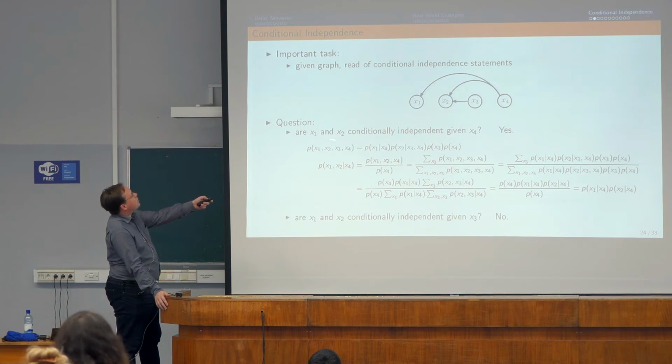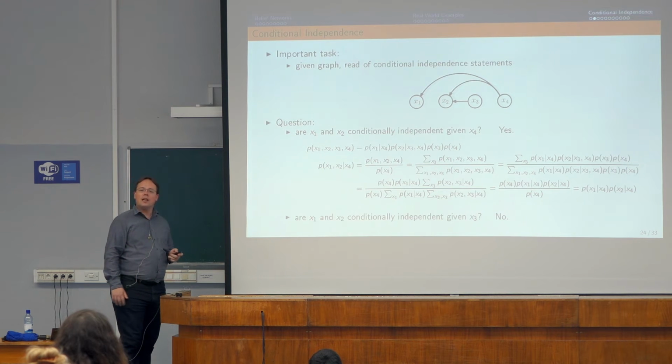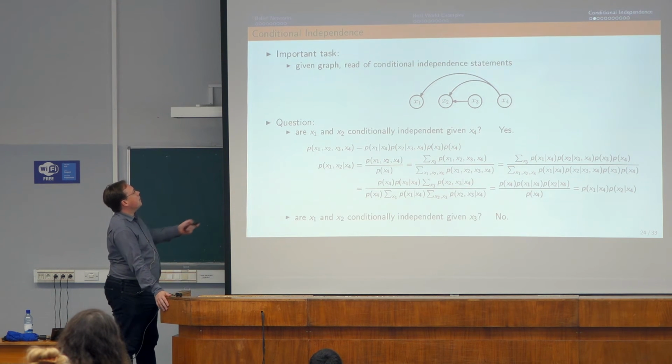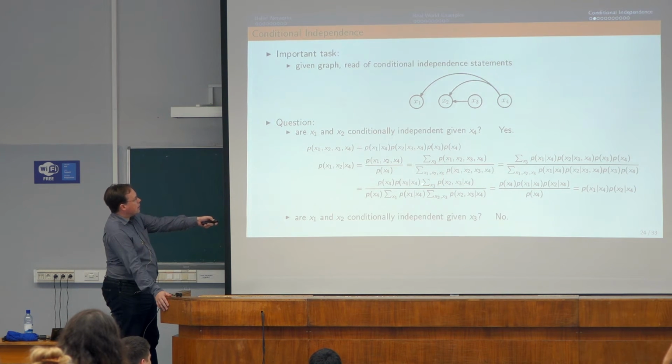Okay, so are X1 and X2 conditionally dependent given X4? That is not a trivial statement. But of course we can do the math, right? We know that this distribution factorizes according to these factors: 1 depending on 4, 2 depending on 3 and 4, 3 depending on nothing, 4 depending on nothing. Now, we are interested in the conditional distribution of X1 and X2 given X4. Let's write it down. We do all the math. Stuff cancels out.